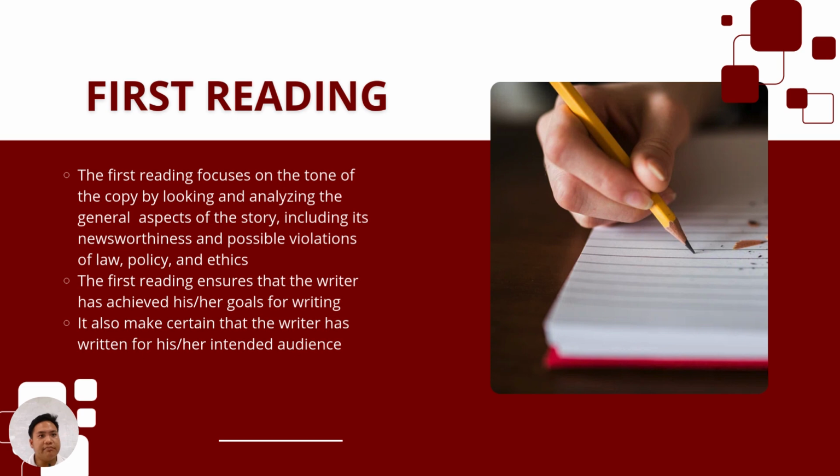For the third bullet, it also makes certain that the writer has written for his or her intended audience. The first reading ensures that the copy is appropriate for its intended audience. This means that the language, examples, and style match who will be reading the story.